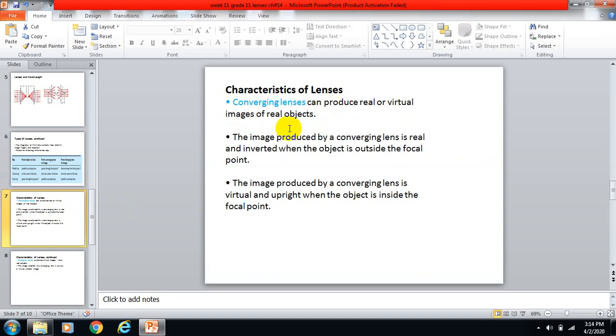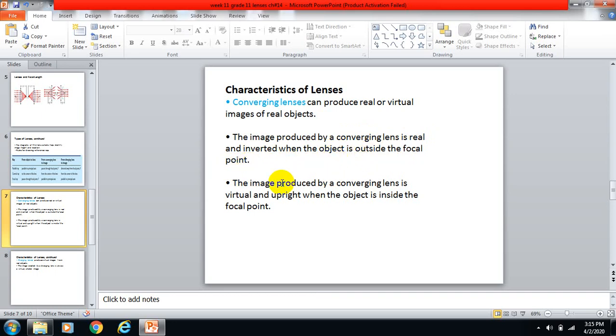Characteristics of lenses. Converging lenses can produce real or virtual images of real objects. The image produced by a converging lens is real and inverted when the object is outside the focal point.